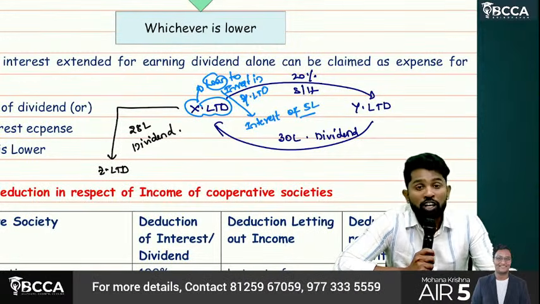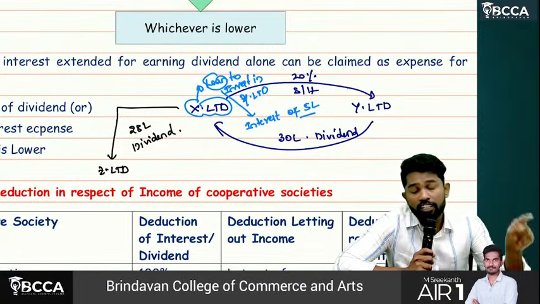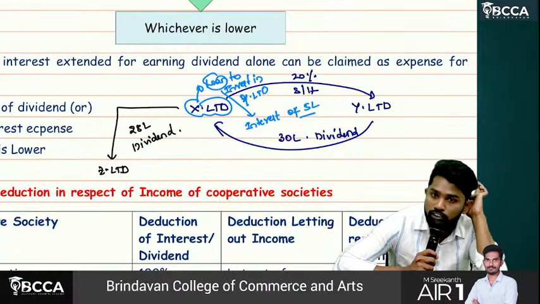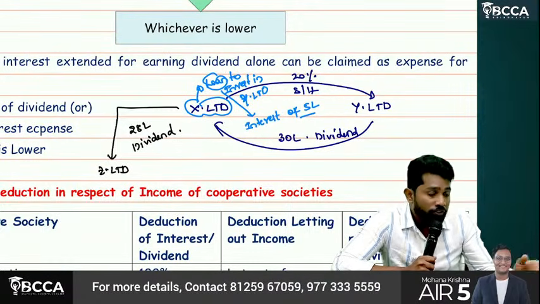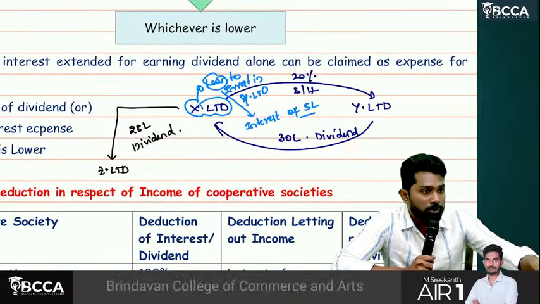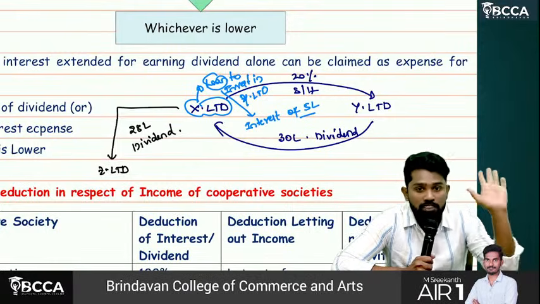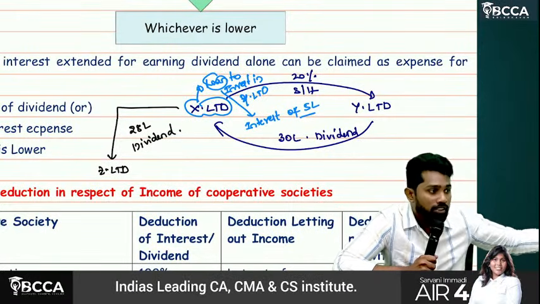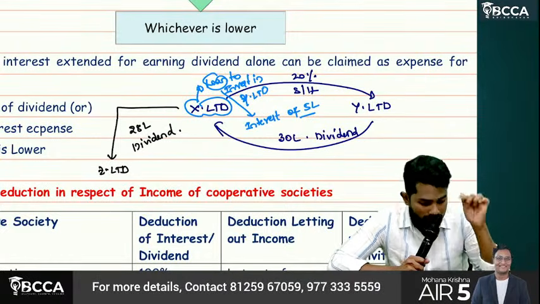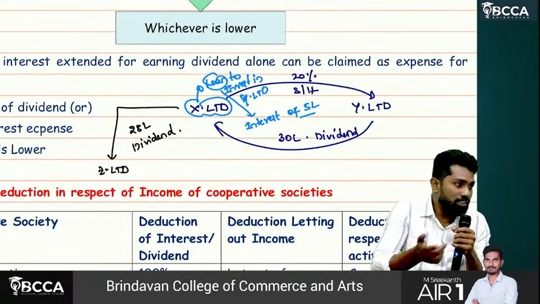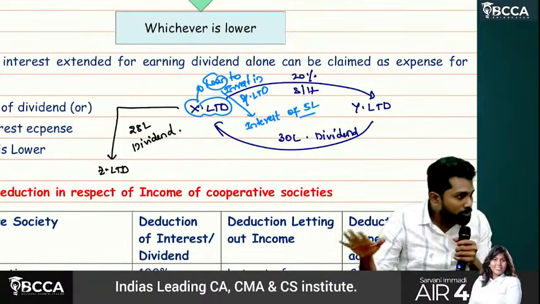Now, if you go to the IFOS chapter, dividend is taxable under the head other sources. There it is said that to earn dividend income, if you incur any expense, only interest expense can be claimed as deduction. No other expense incurred to earn dividend income can be claimed as deduction other than interest. Sir, you are incurring interest here to earn dividend. Why? Because you don't have money to invest in the company.